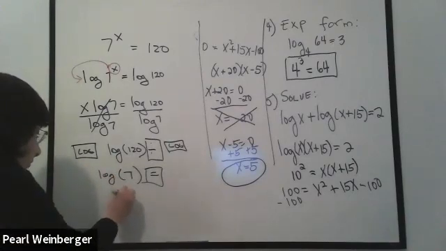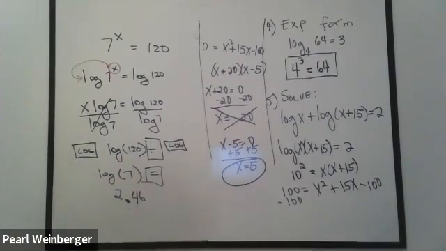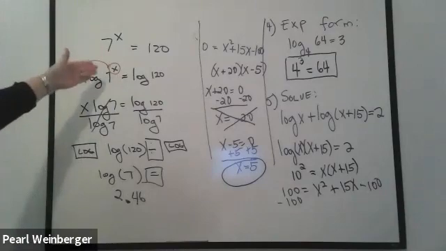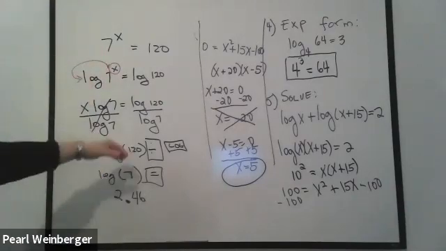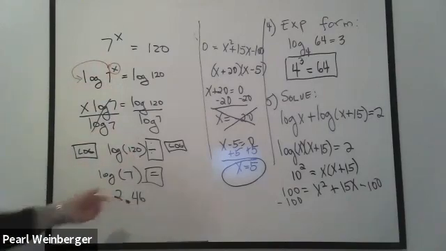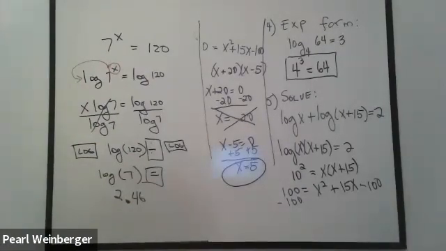So I'd write my answer as 2.46. In other words, I have to round off my answer, which makes sense because when this was a 2, I got 49, and when this was a 3, I got already 343. So 120 had to be between 2 and 3, and that's exactly what it is. It's 2.46.